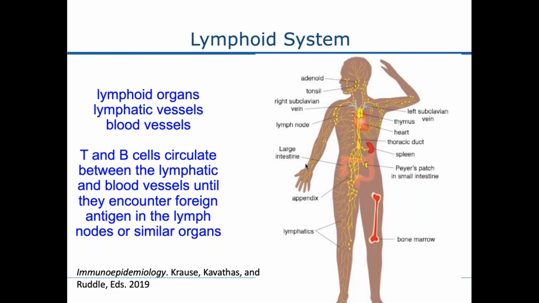And the T and B cells will circulate between the lymphatic vessels and the blood vessels, going through lymph nodes until they encounter the foreign antigen and this dendritic cell to alert them. There are a couple of other cells that can alert, but I'm focusing on the dendritic cells.